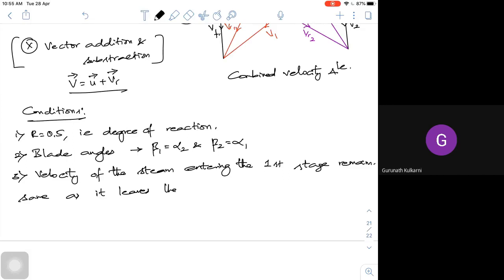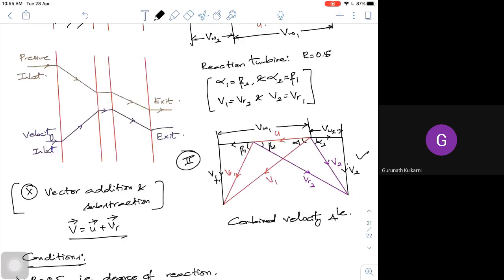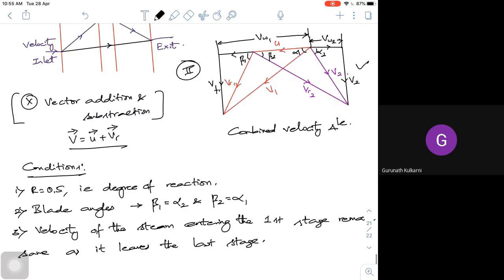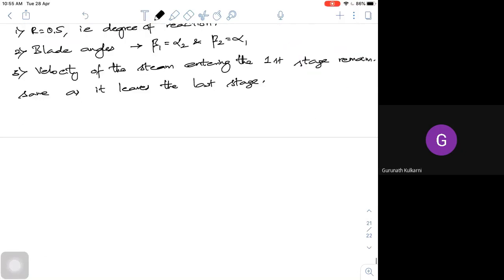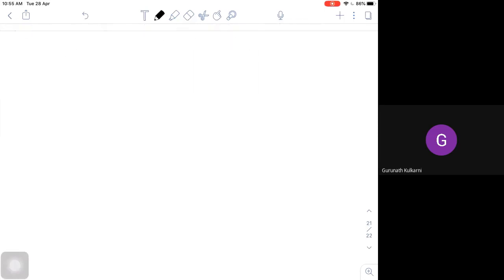That is the meaning of it: the velocity of the steam entering the first stage and the velocity of the steam leaving the last stage are almost the same. Okay, with that, let us derive the expression for the work done.